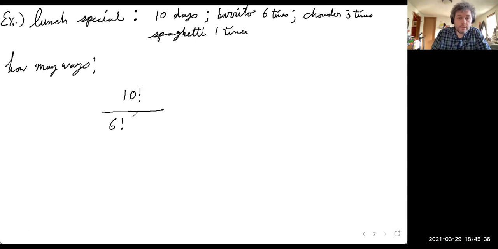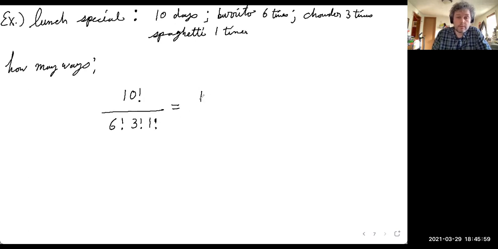And we have 3 clam chowder. And if you want, you can even put the spaghetti, which is just 1. You can put 1 factorial. Even though it's not technically a repeat, you can put it if you prefer. Some students do, just so we've counted everything. So this, I claim, will be how many different ways this meal plan could work.